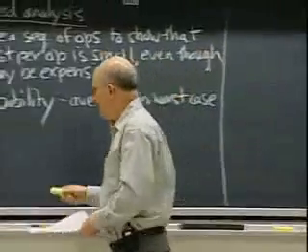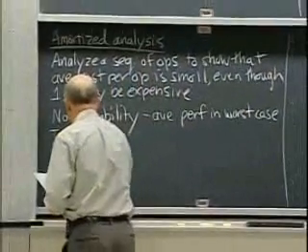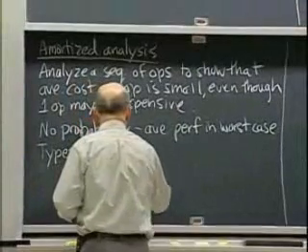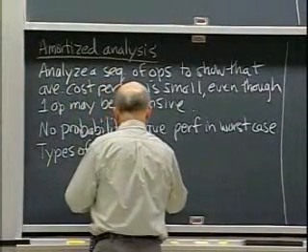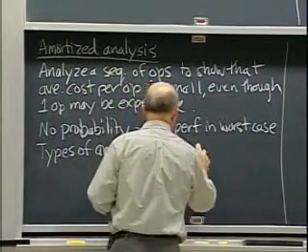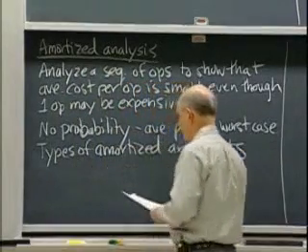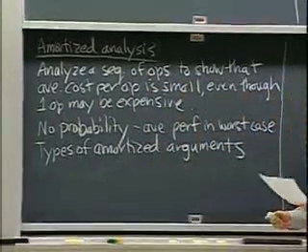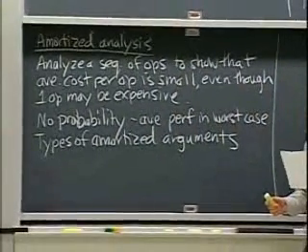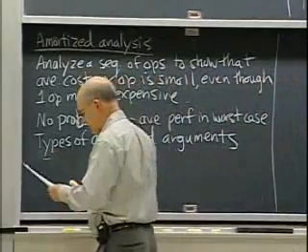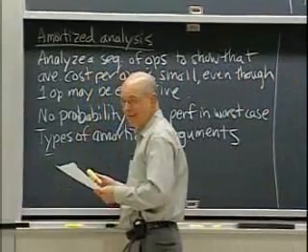Now, there are 3 types of amortized arguments that appear in the literature. Maybe there are more. At one point, there were 2, and then a third one was developed. So maybe there's a fourth.